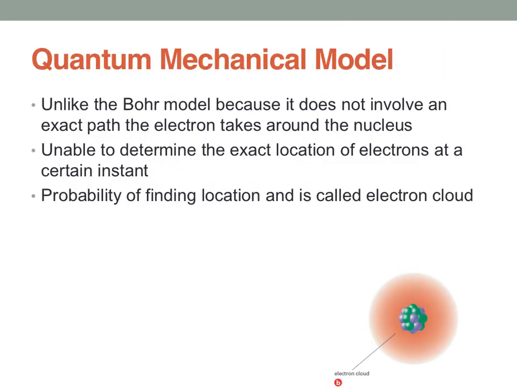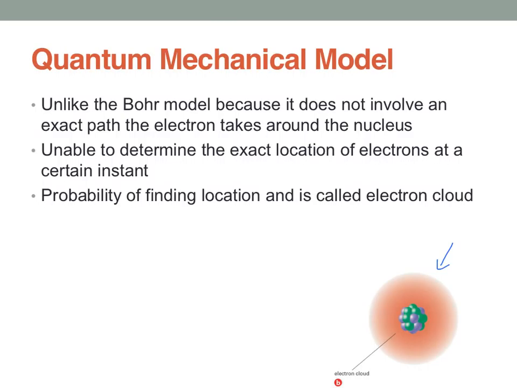Unlike the Bohr model, it doesn't involve the exact path that the electron takes around the nucleus. With the current model, which is down here at the bottom, we're unable to determine the exact location of electrons. The green and the purple are the protons and the neutrons. That's your actual nucleus. The pink around it is showing where the electrons should be.